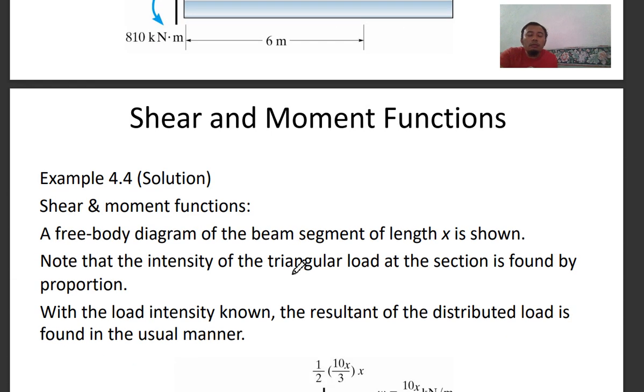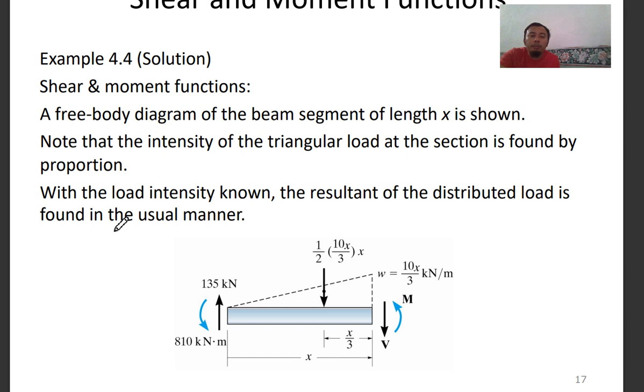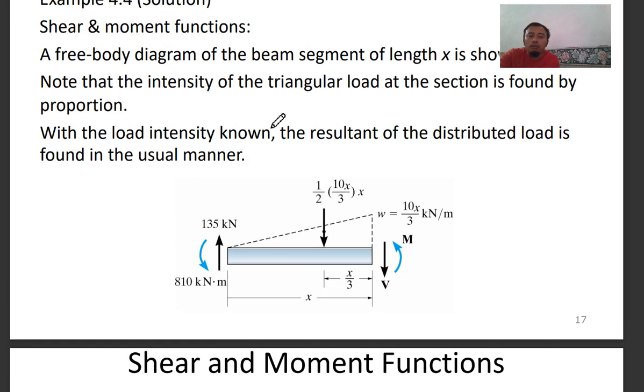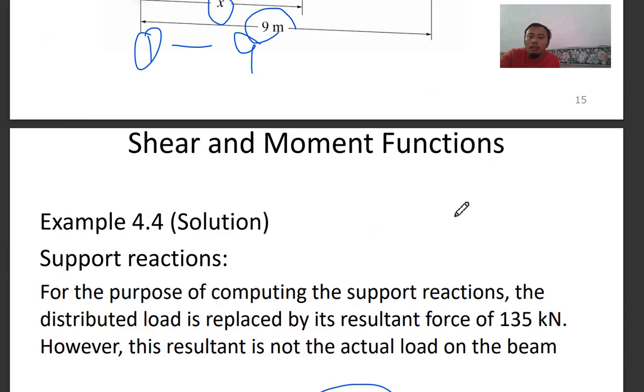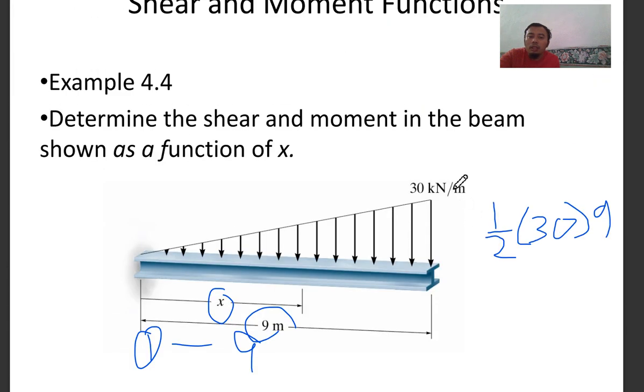And shear and moment functions. So a free body diagram of the beam segment of length x is shown. Note that the intensity of the triangular load at the section is found by proportion. When you want to find out the intensity of the triangular load, it is a proportion. Let's say the maximum here is 30, so it's 30 in proportion to 9 meters.